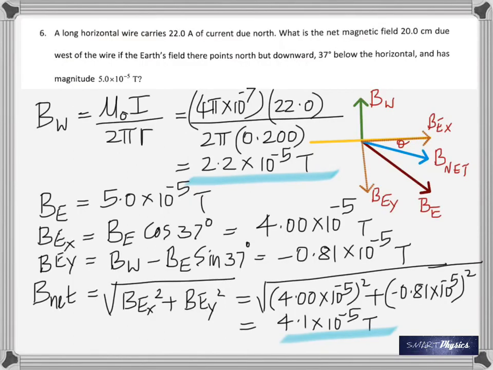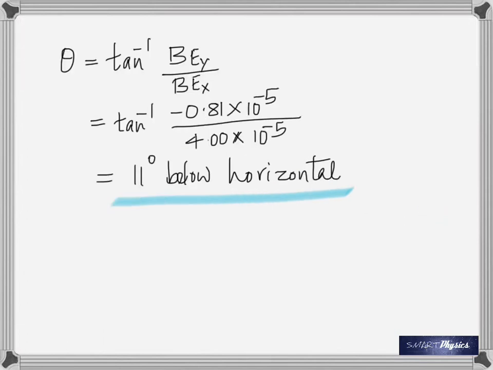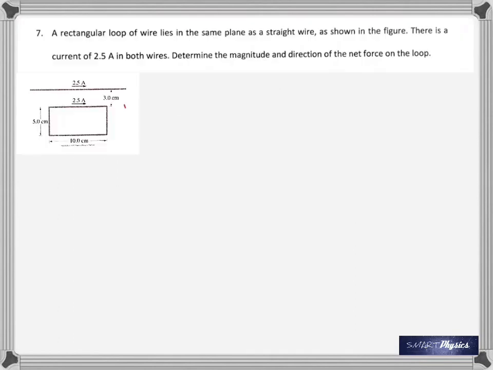As you can see in this diagram, this net is definitely below the horizontal, so that's the angle that we're getting. Okay, and theta, if you may, was a different angle. Theta was this total angle, but what we found just now was this angle. That makes it very clear, okay? So theta is 11 degrees below the horizontal.